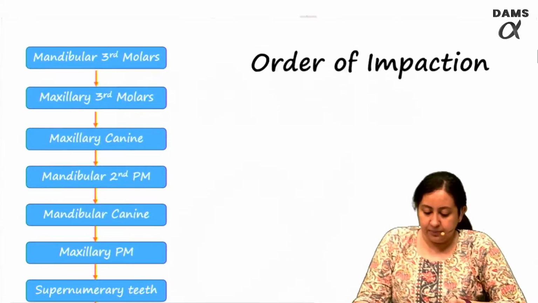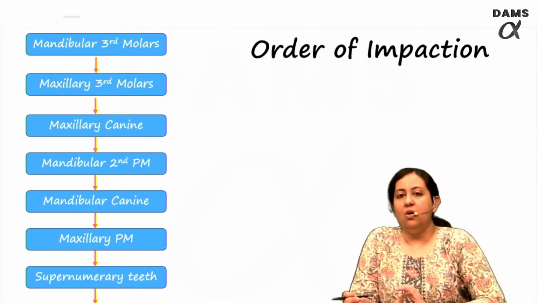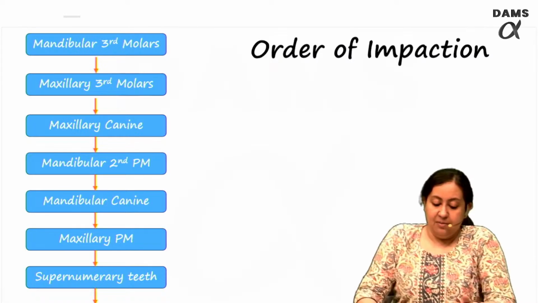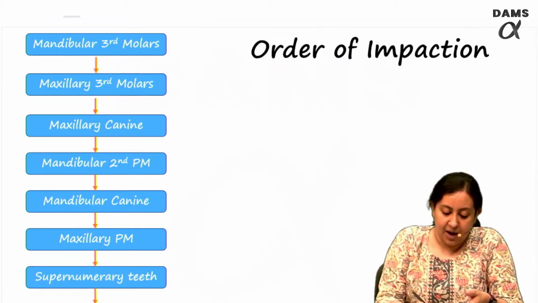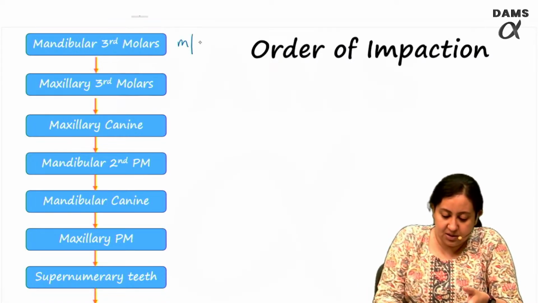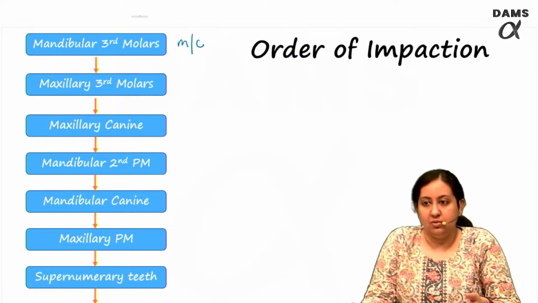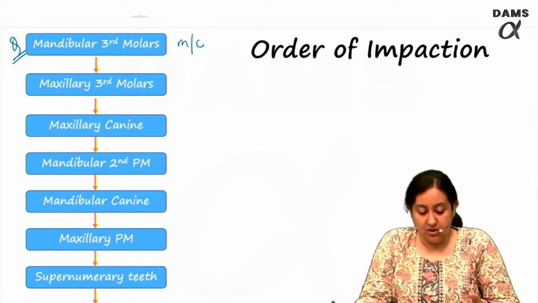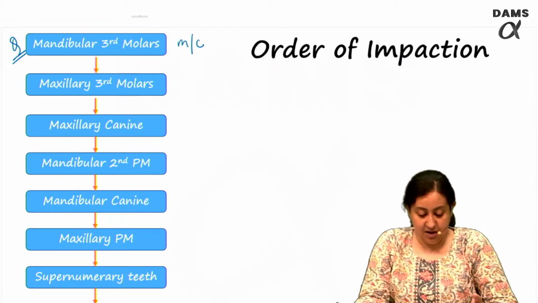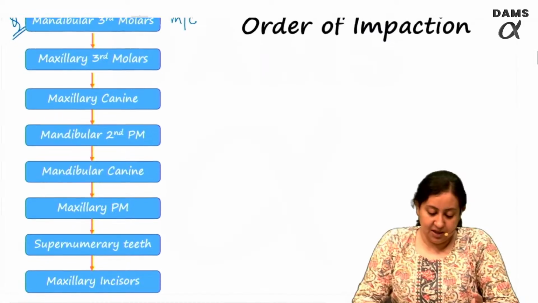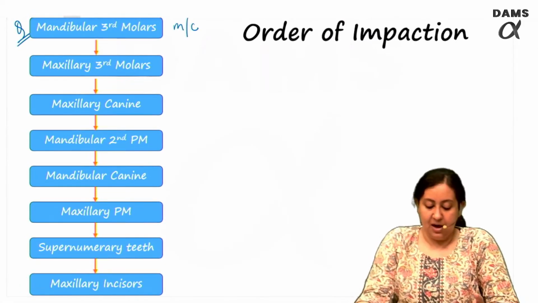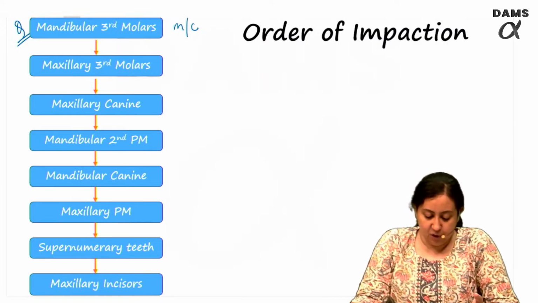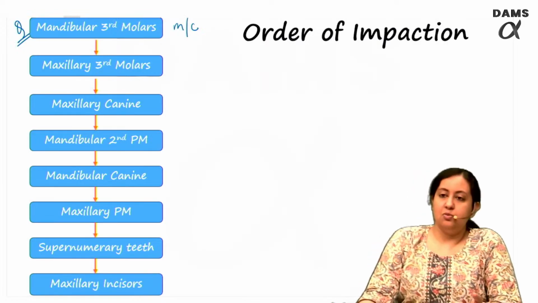Now let us see the order of impactions. The most commonly impacted tooth is mandibular third molars, followed by maxillary third molars, followed by maxillary canine, followed by mandibular second premolar, followed by mandibular canine, followed by maxillary premolars, followed by supernumerary teeth, and followed by maxillary incisors.